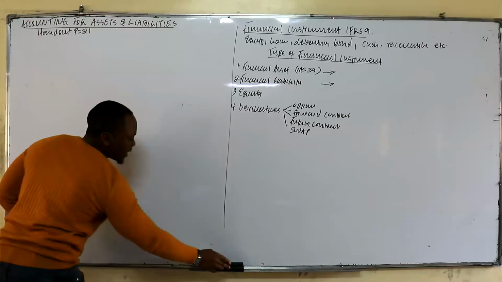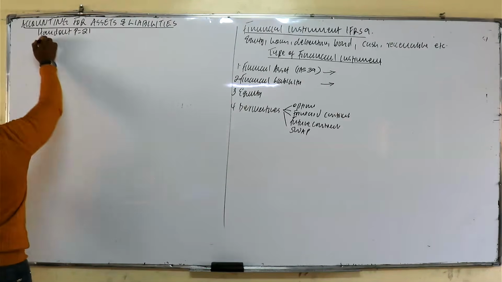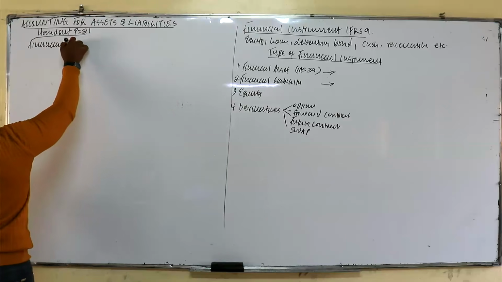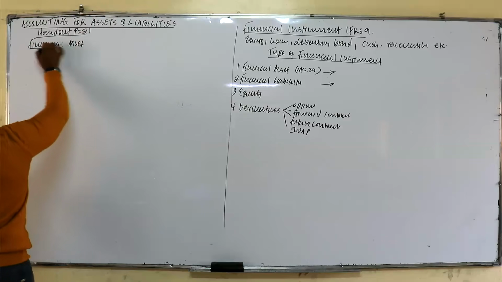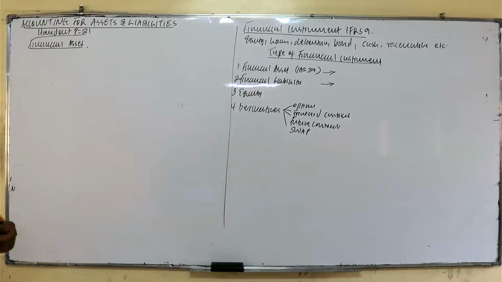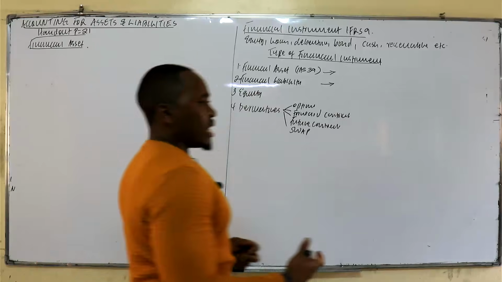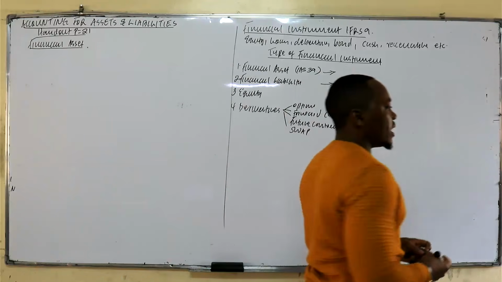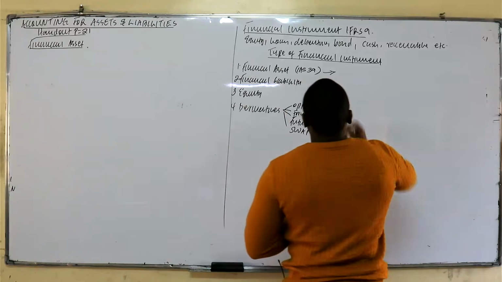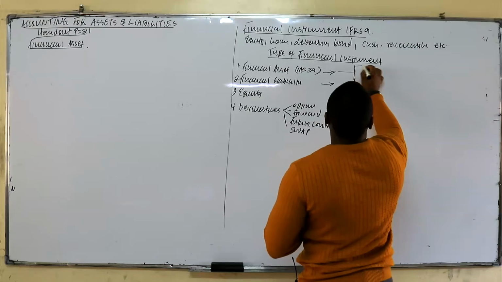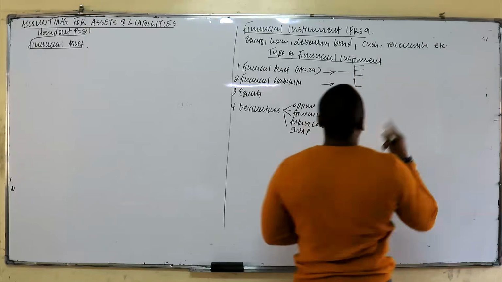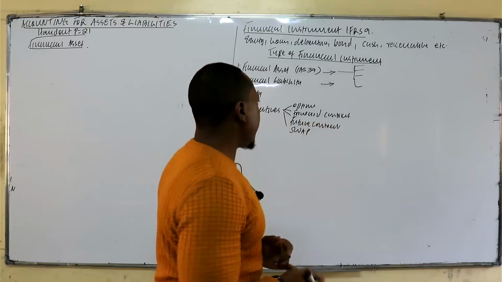So I want us to discuss financial assets. We focus on financial assets. Now, financial assets, this is where the holder expects cash or some future benefits. And under the old IAS 39, financial assets were classified into 4.